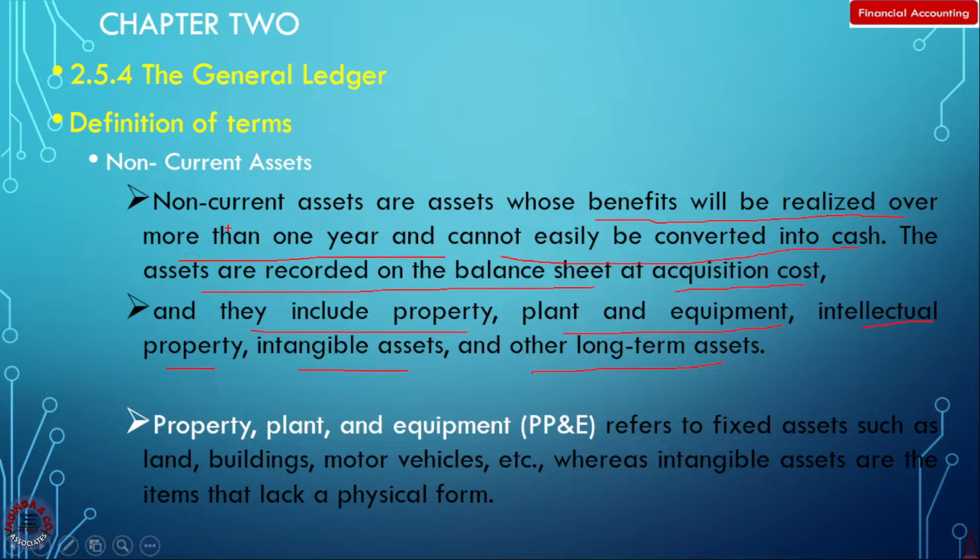So let's say you own a company selling books, and you also have assets like furniture, vehicles, and maybe land, where you want to start a factory to manufacture the books.